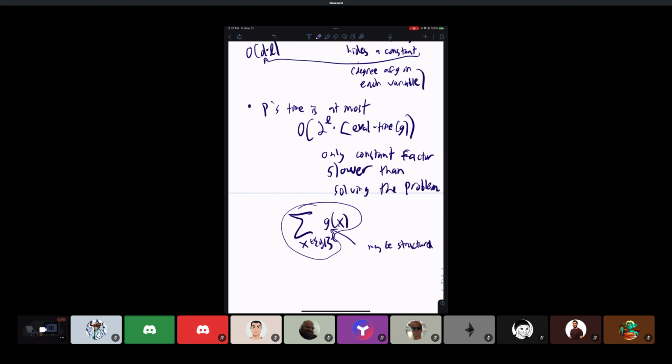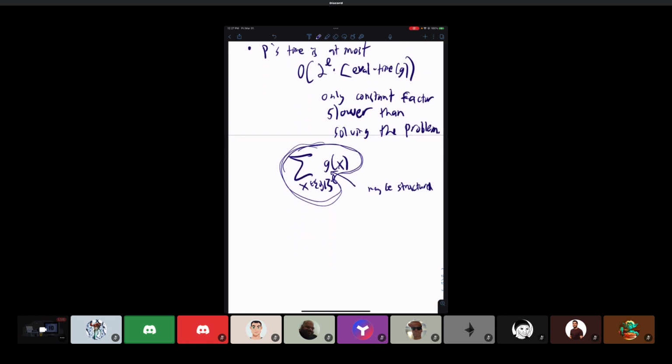Now, typically in that situation where there's a faster way to solve this problem than the naive way, there's also a faster way to implement the prover. So typically, and this is a very informal statement because it doesn't really mean anything formally, in most of our applications, if the problem can be computed faster than 2 to the L evaluations of G, then the prover can run faster as well.